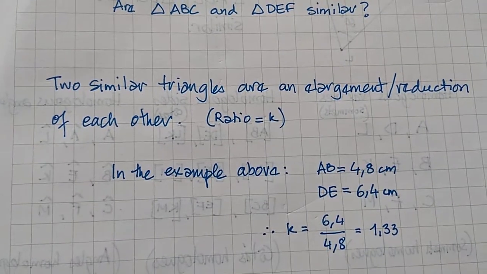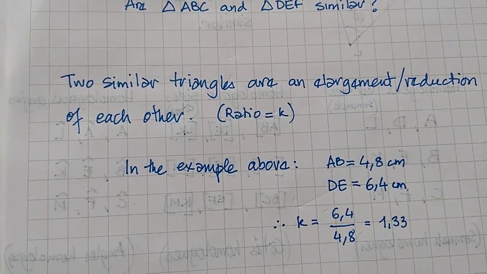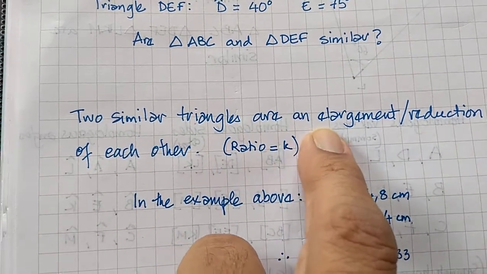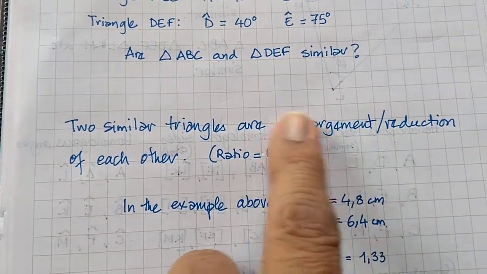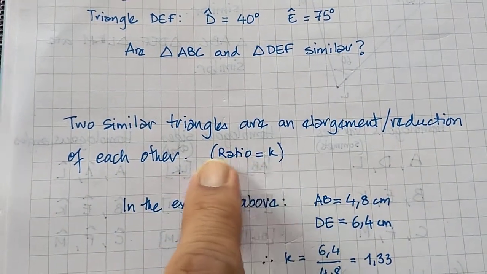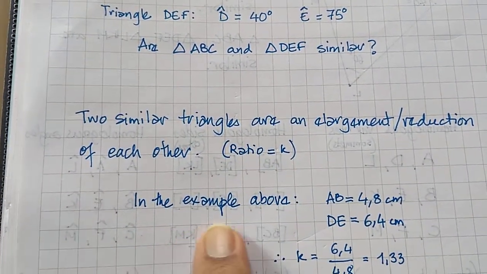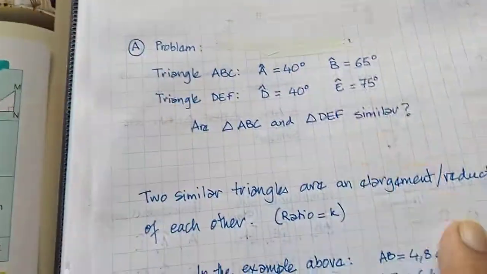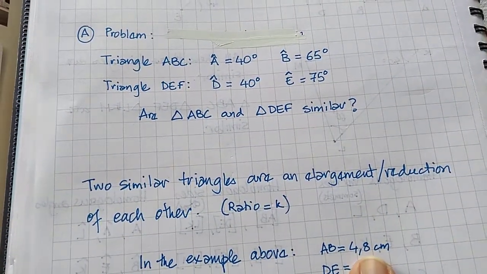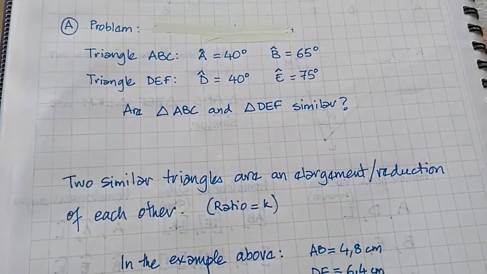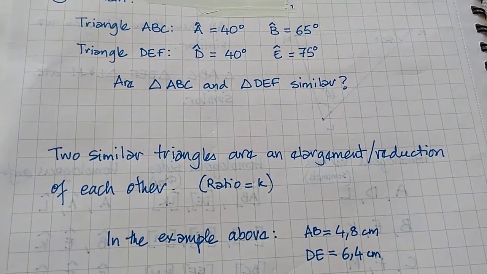Now another aspect of similar triangles is that two similar triangles are an enlargement or reduction, agrandissement, réduction, of each other with a ratio which is k. In the example above, AB is equal to 4.8 centimeters, this I measured, and similarly DE I measured and that came to 6.4 centimeters.